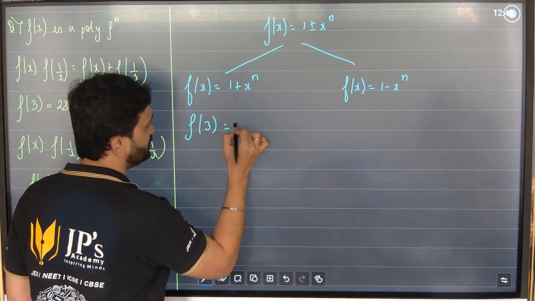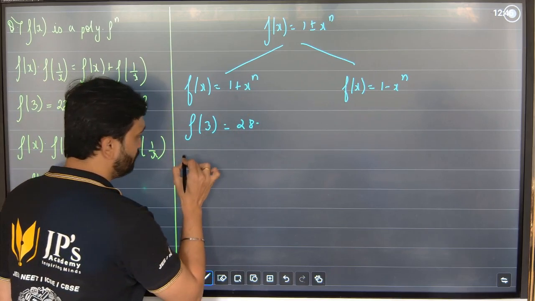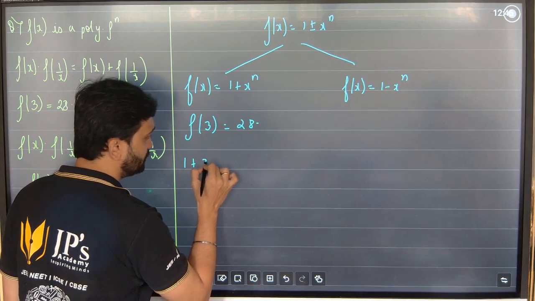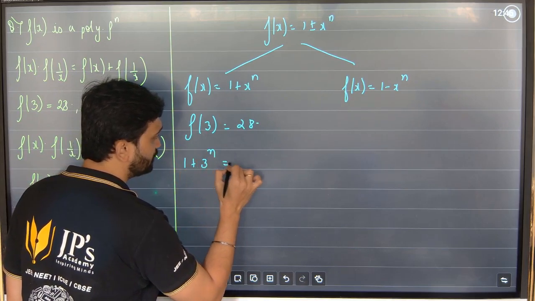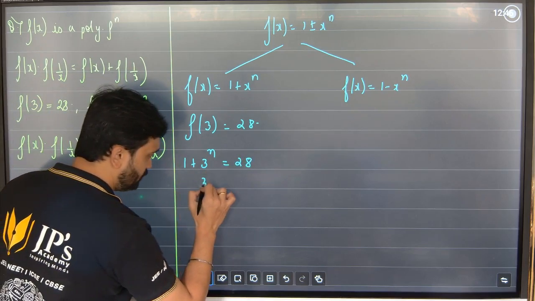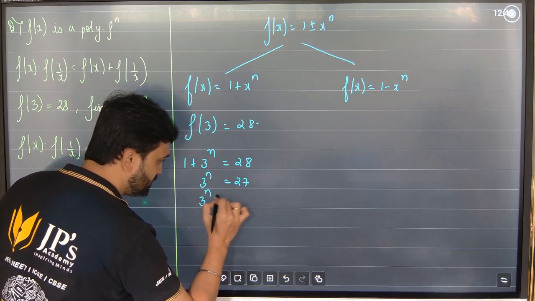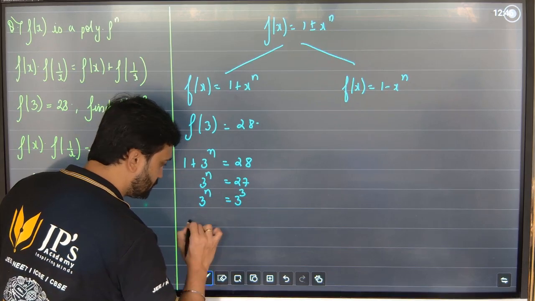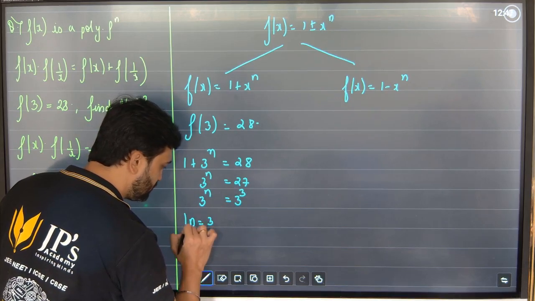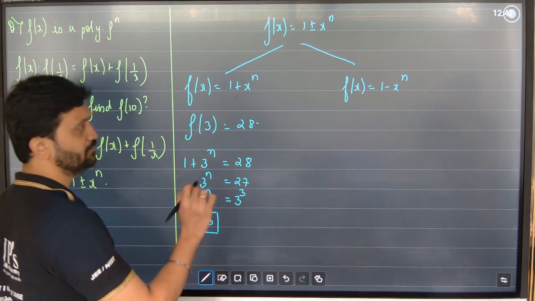If I substitute here, it will become 1 plus 3 raised to n is equal to 28. Therefore, 3 raised to n is equal to 27. 3 raised to n is equal to 3 cube. So n becomes 3.